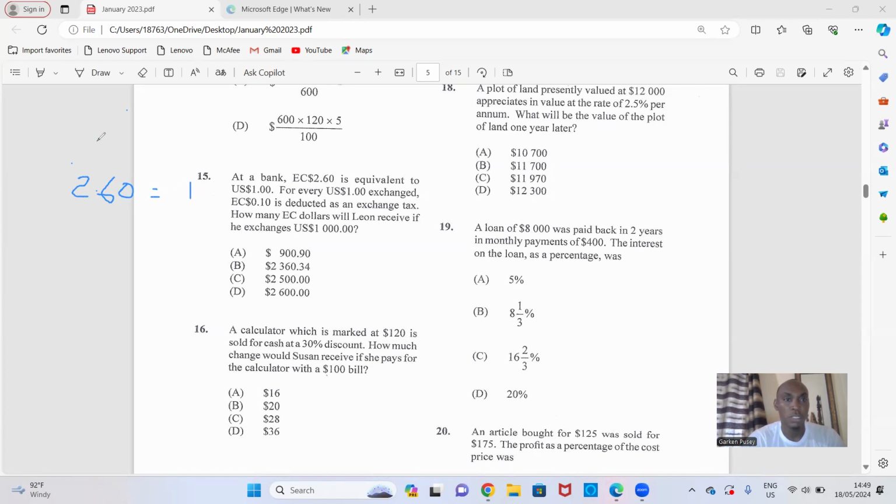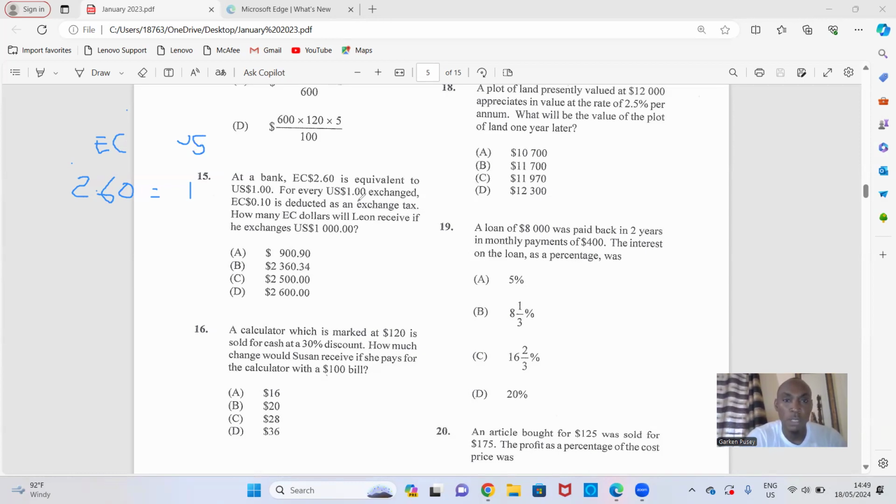Over here is EC, and the other side is going to be US. Anyways, that's the exchange rate, right?